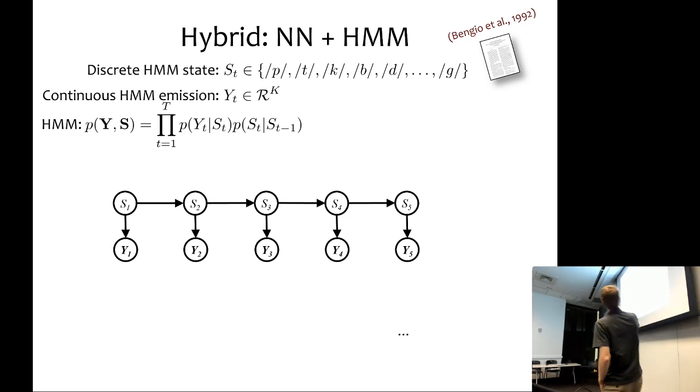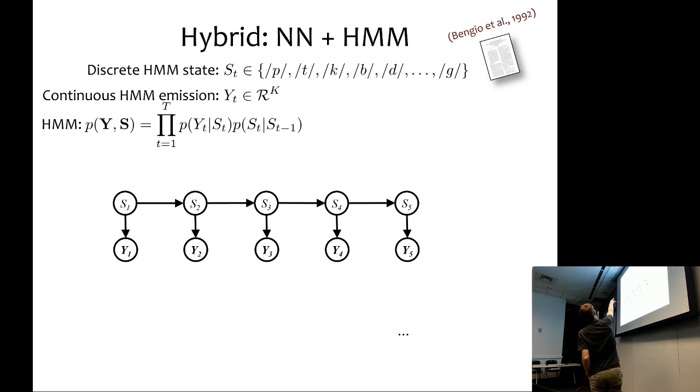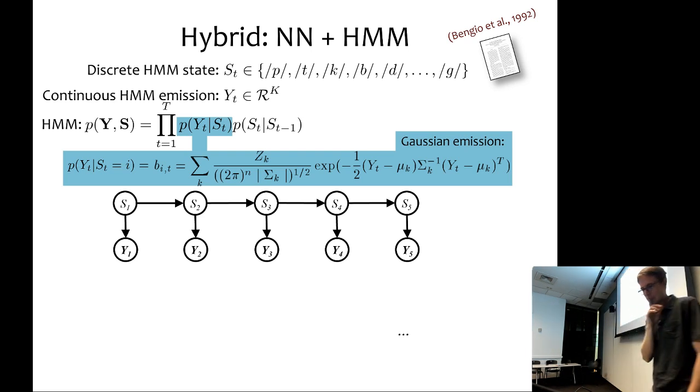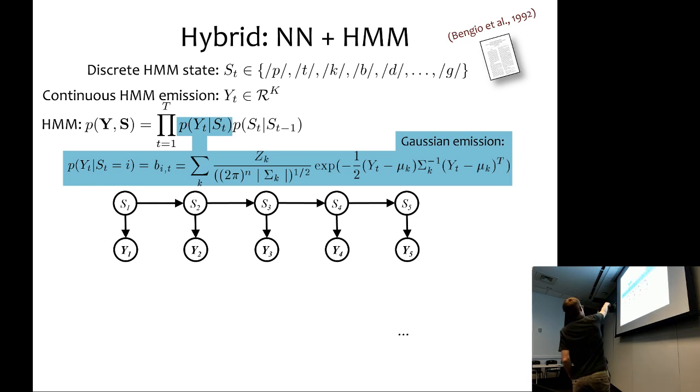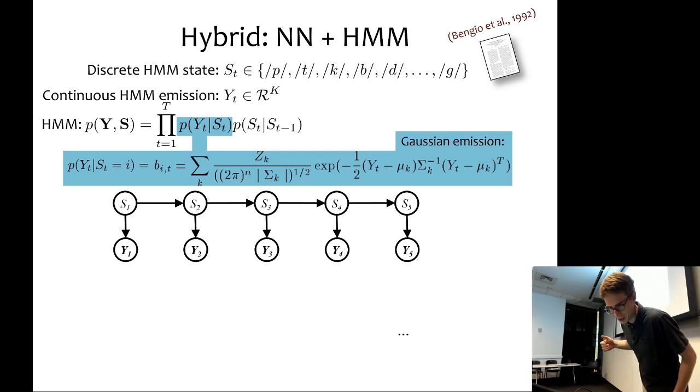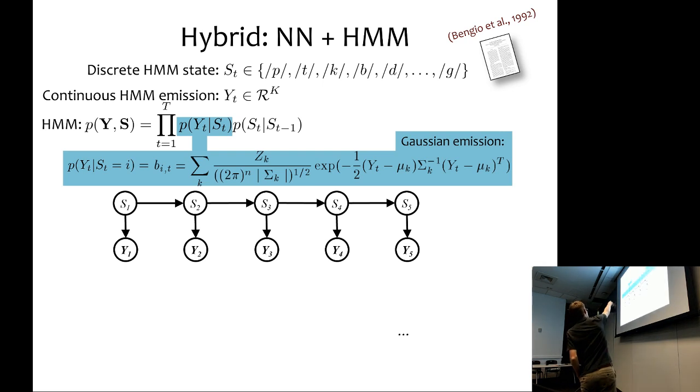So the joint probability according to the HMM is given by this product of all of the corresponding conditional probability table entries. And the interesting part is we're going to assume that the probability of a particular Y, given its hidden state, is given by some Gaussian emission. This should be a multidimensional Gaussian distribution over some vector y_t.